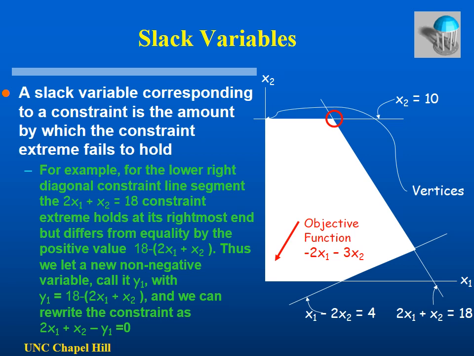Once we have that slack variable, the constraint can be rewritten as 2x1 plus x2 minus y1 equals 18. So we replace the constraint 2x1 plus x2 minus 18 less than or equal to 0 by 2x1 plus x2 minus y1 equals 18, creating this new slack variable y1 that simply says the difference from the 0 situation.